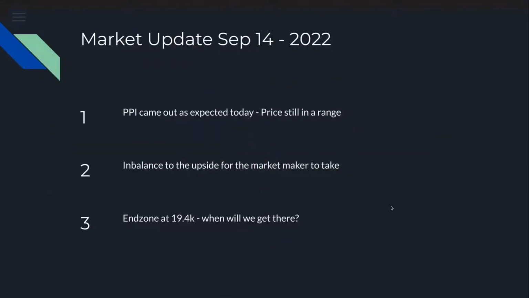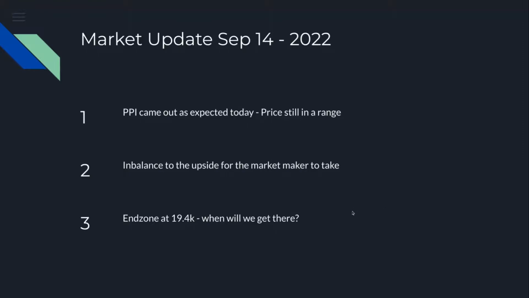Let's draw some conclusions from today. The PPI came out as expected today, so the price is still in a range. The market makers are still indecisive and they will move price tonight or tomorrow or in the coming days. We will see, but we have to be careful and follow the price carefully.